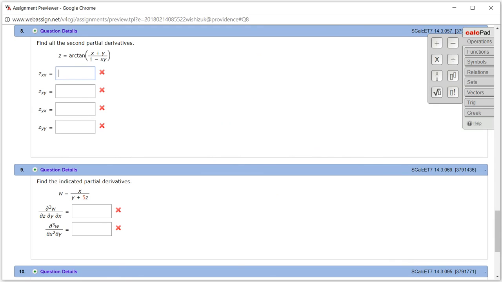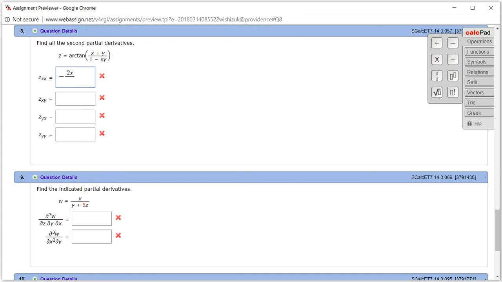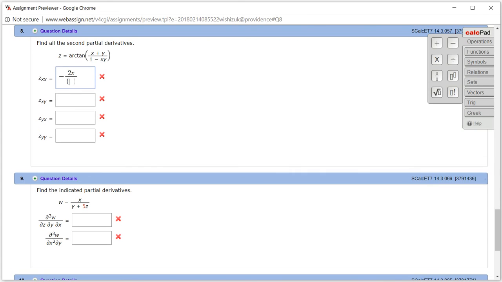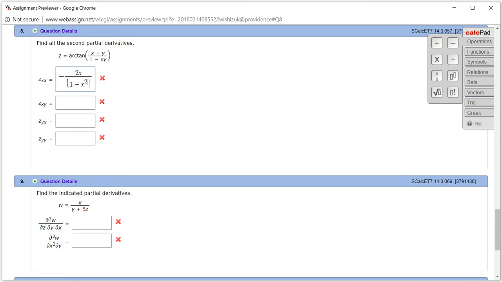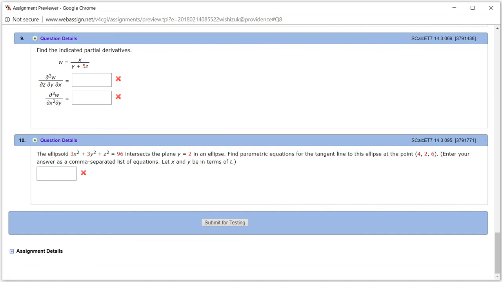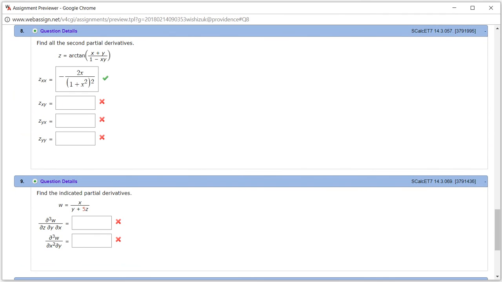What we got was negative 2x over quantity 1 plus x squared, squared. All right, so let's check the answer. Submit for testing. All right, I came back and looks like we got this one correctly.